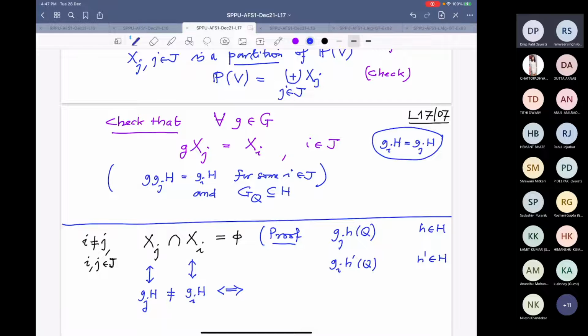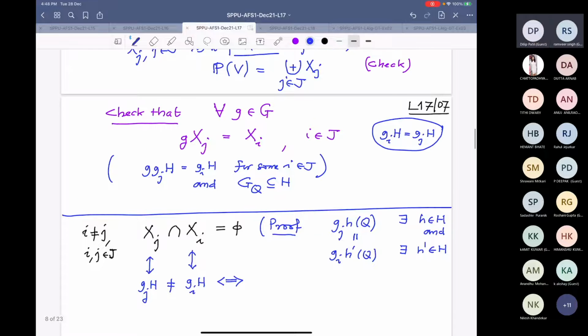Suppose they have a point in common. That means these 2 points are equal for some h in H and for some h prime in H. So there exist h in H and h prime in H such that this equality holds. That is the meaning that they do intersect. Agreed? Please, if you don't understand, don't blame the notation.